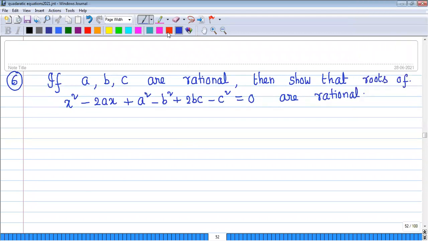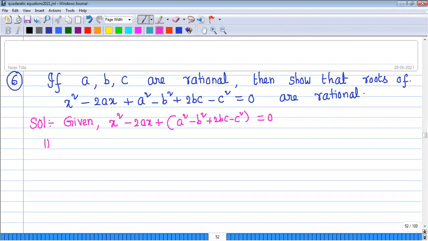Right, so given quadratic equation, x square minus 2ax plus (a square minus b square plus 2bc minus c square) equals 0. Here, capital A is 1. Capital B is equal to minus 2a.